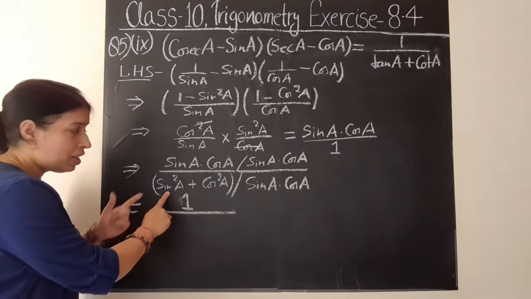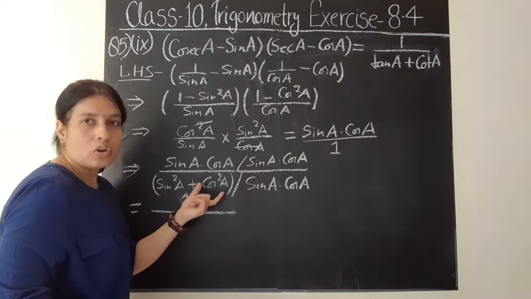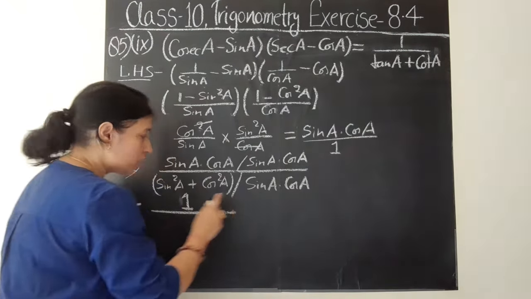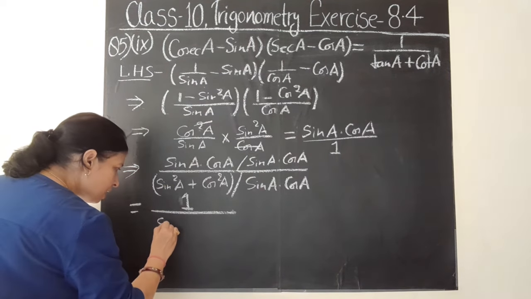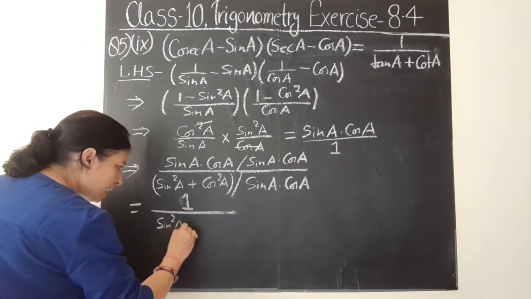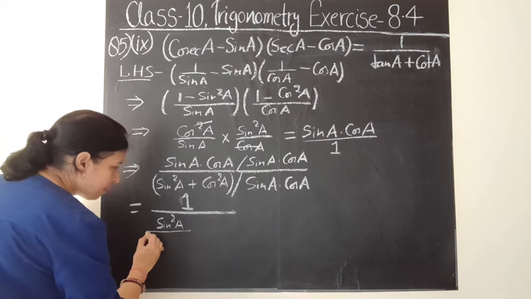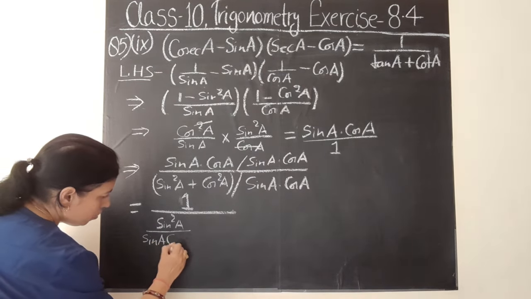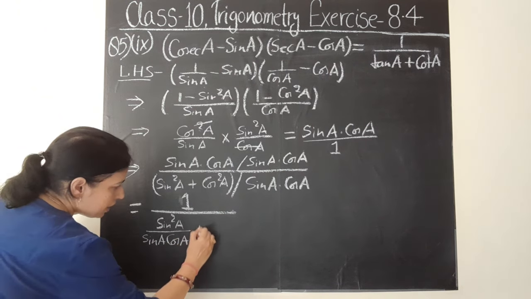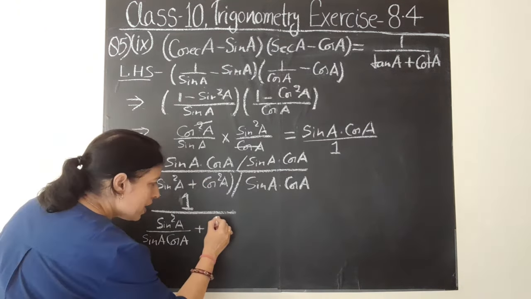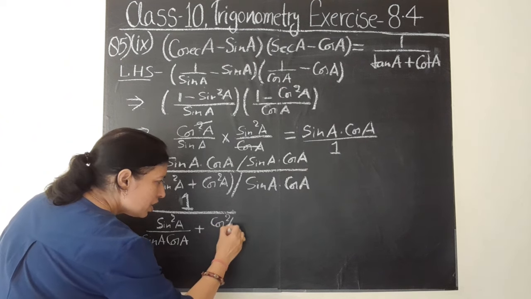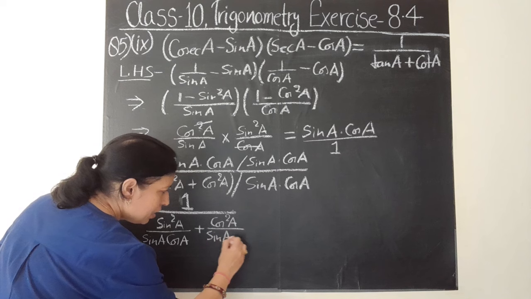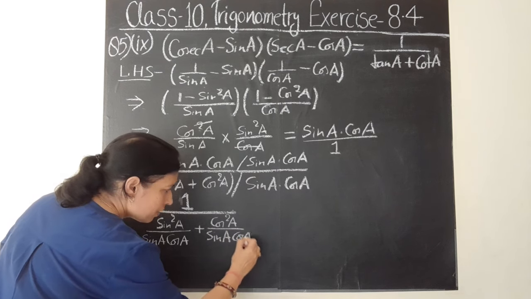How many terms are here? Two, sin square a plus cos square a. We will divide both terms by sin a into cos a. So write this: sin square a divided by sin a into cos a. Second term is cos square a. So write here cos square a, which is also divided by sin a into cos a.